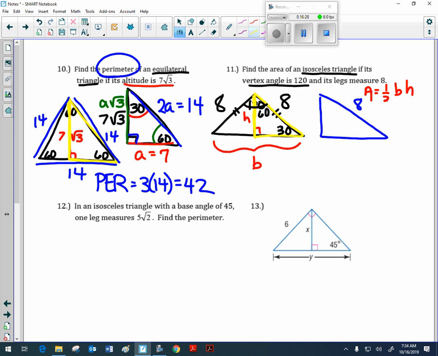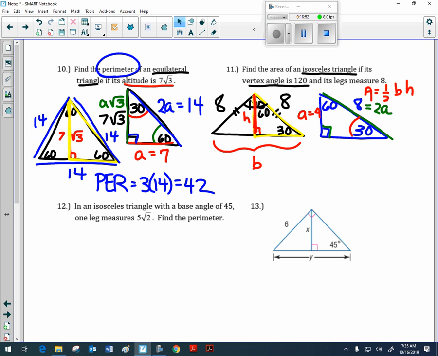This is a side of 8, a 60-degree angle, a 90-degree angle, a 30-degree angle. Across from our right angle is the 2A side, which means that if 2A is equal to 8, then A is equal to 4, which means our height is 4.